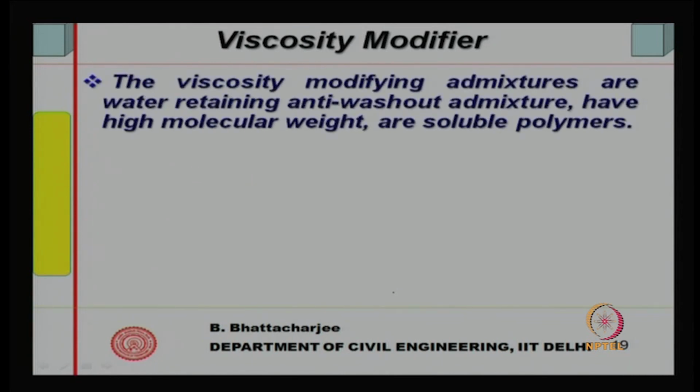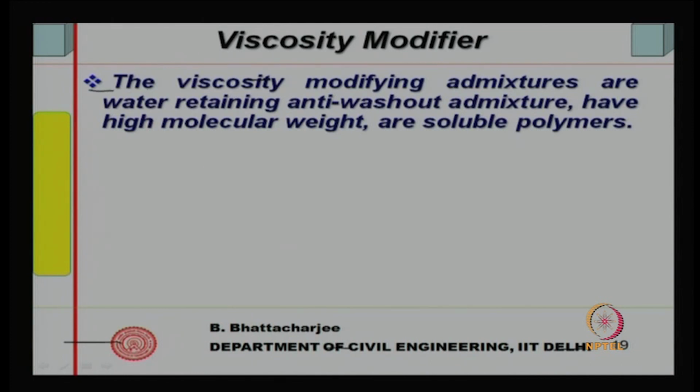So, what we have seen is the air entraining agent, which reduces the surface tension, but then we have another variety called viscosity modifier. Viscosity modifiers are water soluble, they are used in underwater concreting, anti washout admixtures.